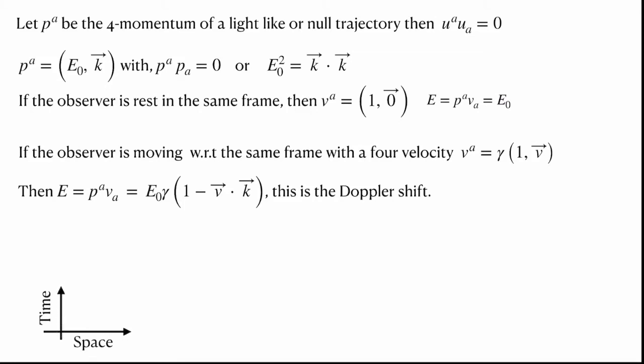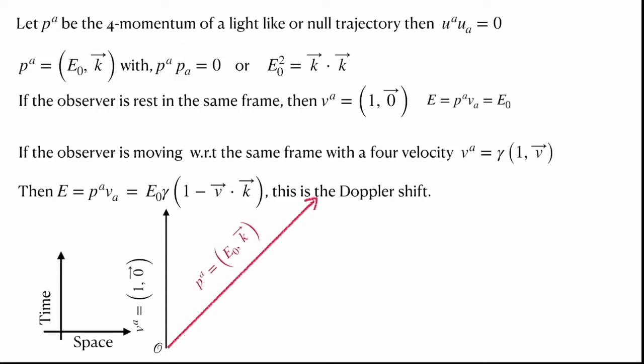Let's do it on the space-time diagram for the light. We have an observer O who is at rest, that means whose space-time trajectory is a straight line in the direction of the t-axis, or parallel to the t-axis. And this observer would emit a light which would go in the null direction, or P^A is equal to E naught K. Null direction means that this line is at 45 degrees.